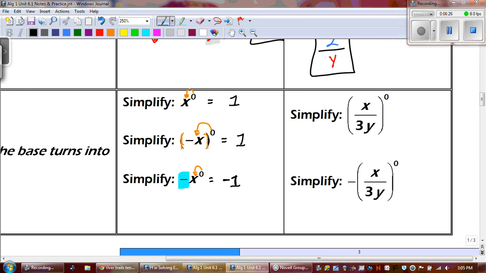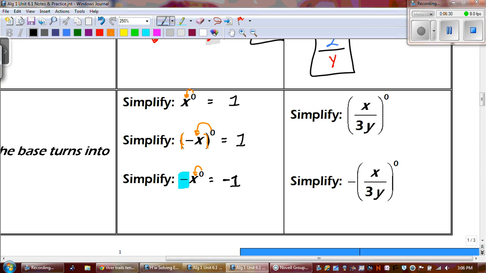All right, the next part, with the parentheses. Now, everything does have an exponent of 1, and you can distribute to all three things. However, that whole thing is my base. So if that whole thing is my base and my exponent is 0, the whole thing turns into 1.